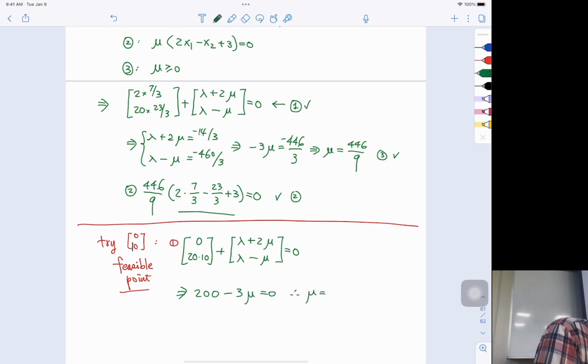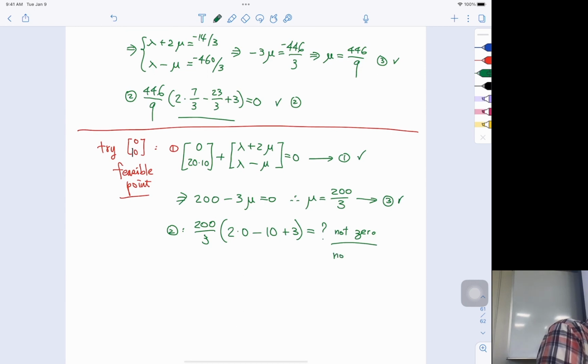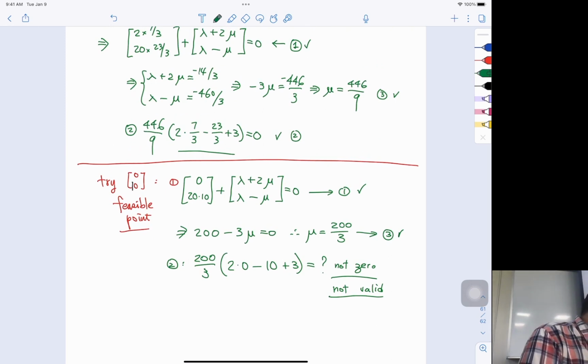So mu is 200 over 3. So this one tells you the first condition is valid. This one tells you the third one is valid. But how about the second one? 200 over 3 times 2 times x1, which is 0, minus x2, which is 10, plus 3. Is it 0? It won't be 0, right? So it's not 0. If this one is not 0, then it's not valid. So in this case, this is not optimal.